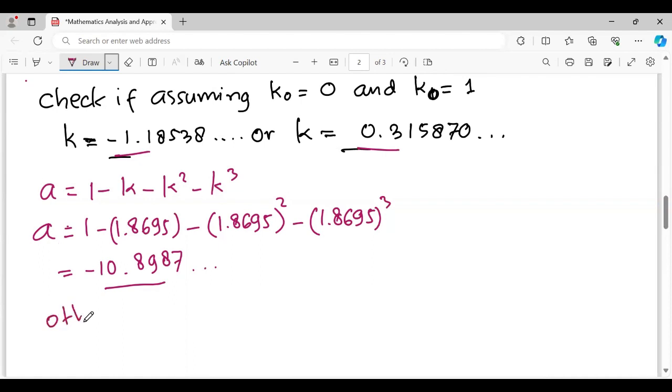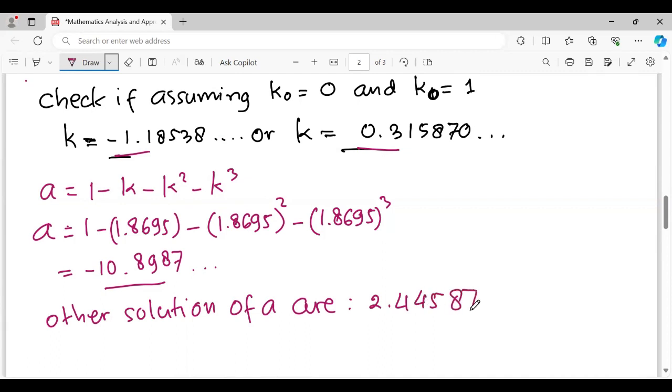So other solutions of A are 2.44587 or 0.55289.